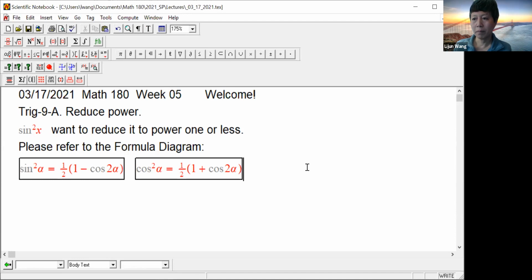Does everybody follow me? So these two formulas, along with 4 other formulas to your left, in the middle two boxes.